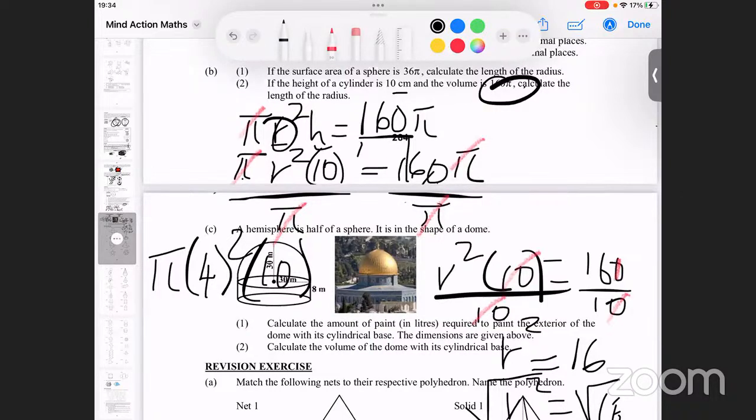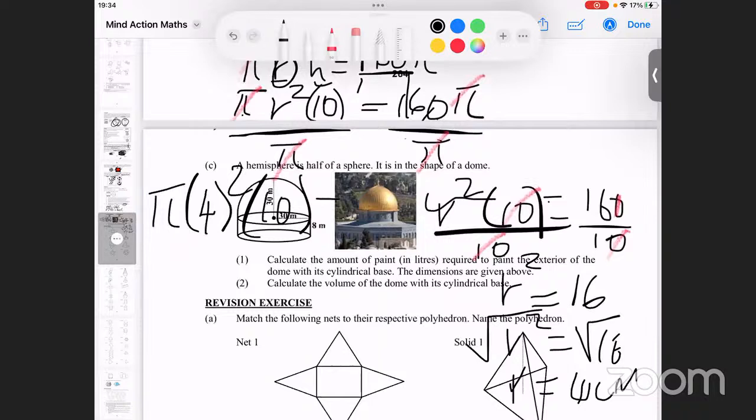So how much are you getting? I'm getting 160 pi. Are you also getting 160 pi? Yes, ma'am.